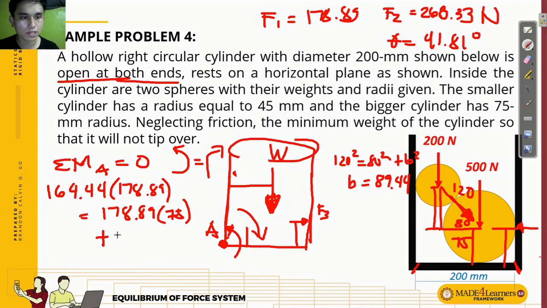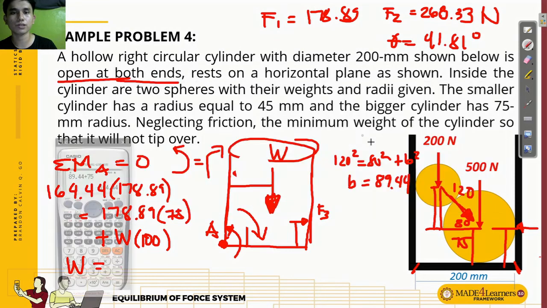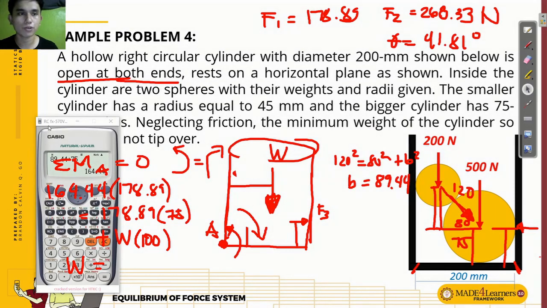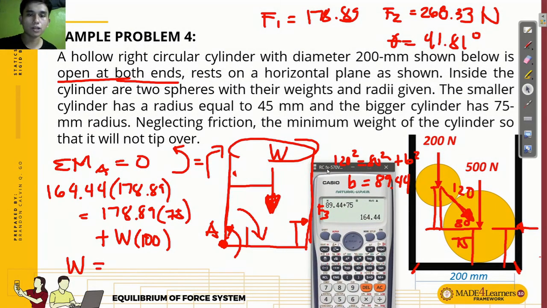So, plus W times yung moment arm padung sa point A. Half sa 200, no? So, times 100. So, solve for W, mao ni ang answer, minimum weight sa cylinder para di siya matip over. Ang counterclockwise direction about point A is equal sa clockwise.